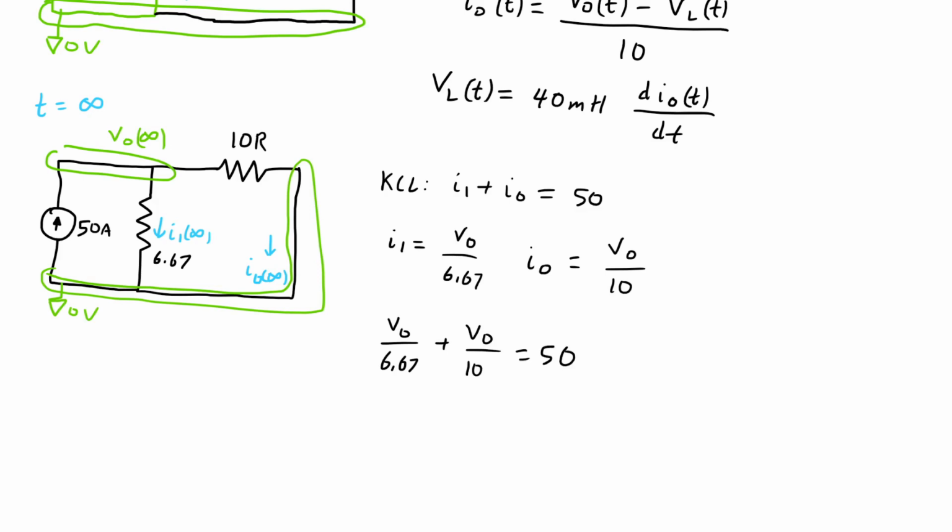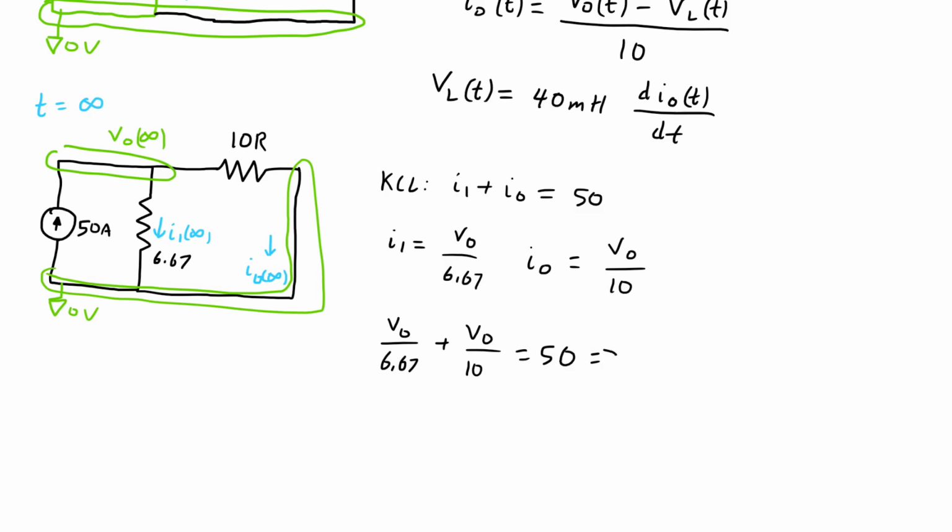Equals 50. So to cancel out the denominator, since this is like 10/3, if we multiply everything here by 3, then we'll get... I'll multiply everything by 60 just to keep the numbers clean.